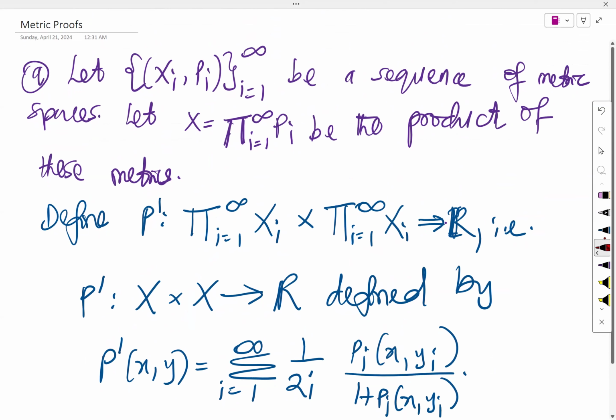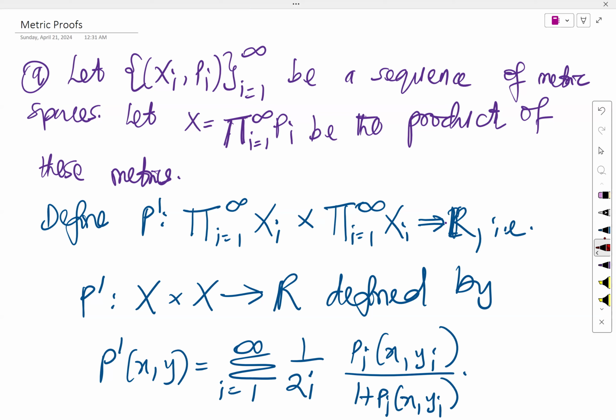So let Xi, pi from i equals 1 to infinity be a sequence of metric spaces, and let X equal the product from i equals 1 to infinity be the product of these metric spaces.